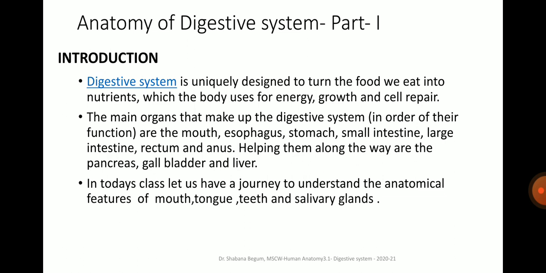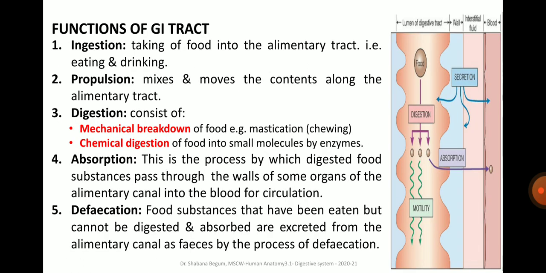So you can say the main organs that make up the digestive system are the mouth, the esophagus, stomach, small intestine, large intestine, rectum and anus, and helping them along the way are the pancreas, gallbladder as well as liver. So in today's class, let us have a journey to understand the anatomical features of mouth, tongue, teeth and salivary glands. And before that, let us understand some important functions of the GI tract.